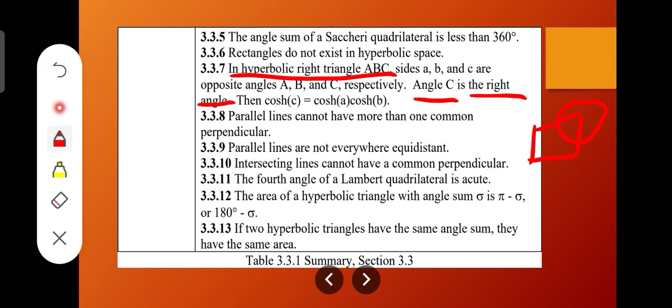Then, theorem 3.3.12, the area of a hyperbolic triangle with angle sum sigma is pi minus sigma, or 180 degrees minus sigma. Then, lastly, 3.3.13, if two hyperbolic triangles have the same angle sum, they have the same area. So, if two hyperbolic triangles have the same sum of angles, therefore their area is also the same. That is the meaning of 3.3.13.